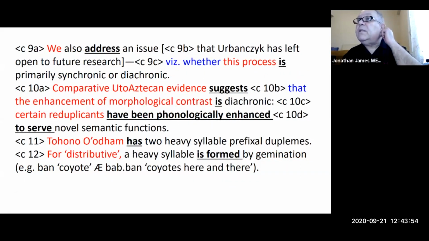There was another question, 9A. We also addressed an issue that Urbanchik has left open to future research. I don't quite get the question why 9A doesn't count as textual. We is the grammatical subject.